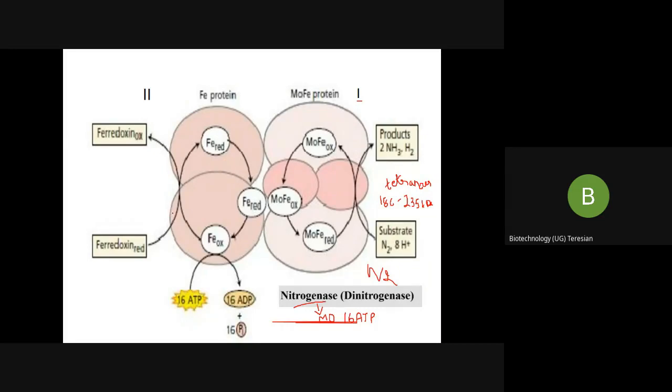So the iron protein has the dinitrogen reductase activity, and it is the smaller of the 2 components. It has 2 identical subunits, this and this, which have a molecular weight around 30 to 72 kilodalton.